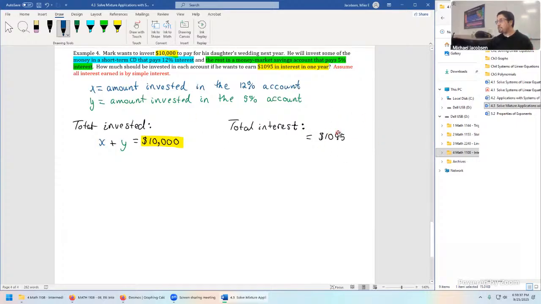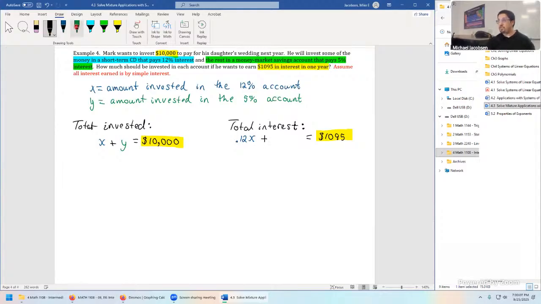Once we know what the number is on the right-hand side, we go to what we listed the variables are as, and if this was the 12% account, we just convert this to a decimal number. Move the decimal here, 2 spots to the left, so it's a 0.12. This is an interest rate, multiplied by the amount invested, which was just X, and that's how much interest came from the first account at the 12% rate.